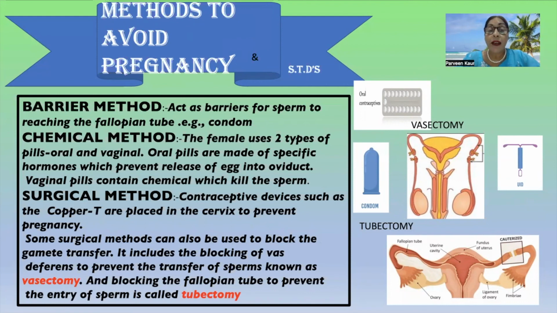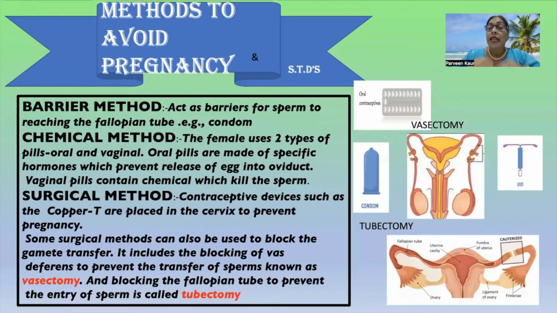Surgical method. Contraceptive devices are placed in the cervix to prevent pregnancy. Some surgical methods can also be used to block the gamete transfer. It includes the blocking of the vas deferens to prevent the transfer of sperm, and that is known as vasectomy.